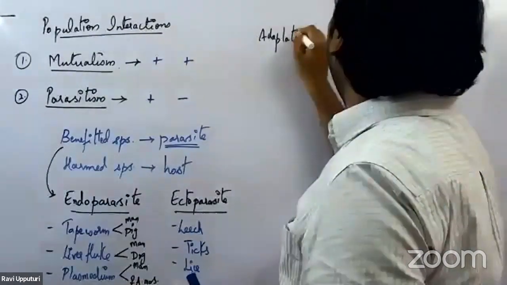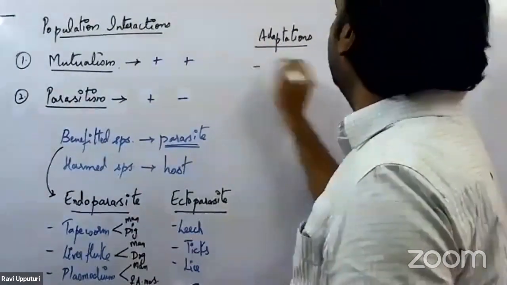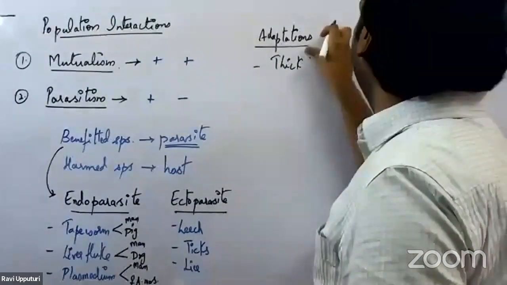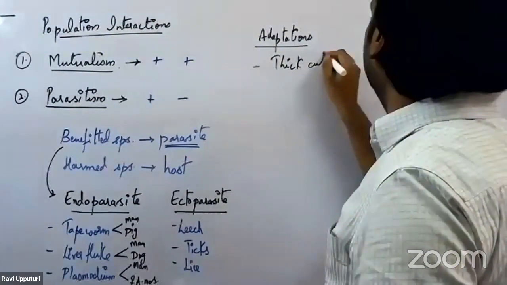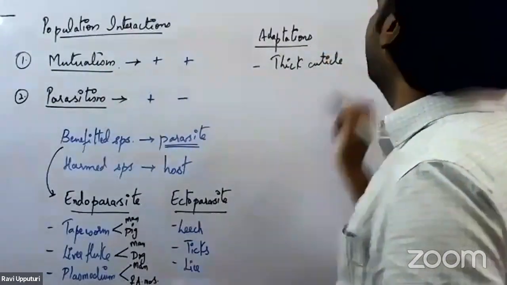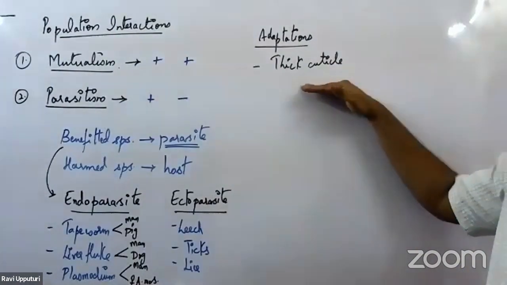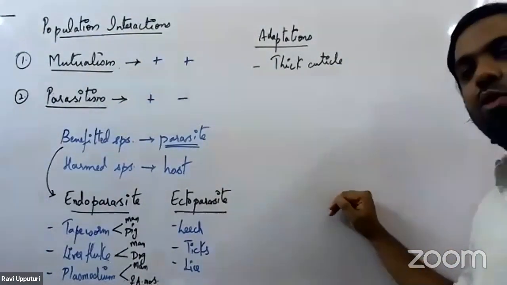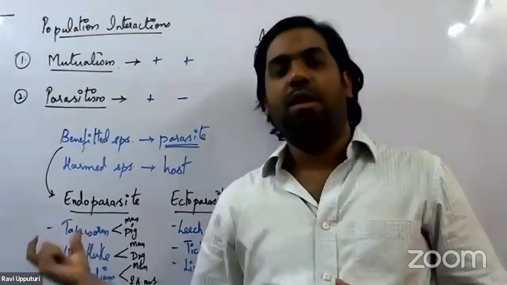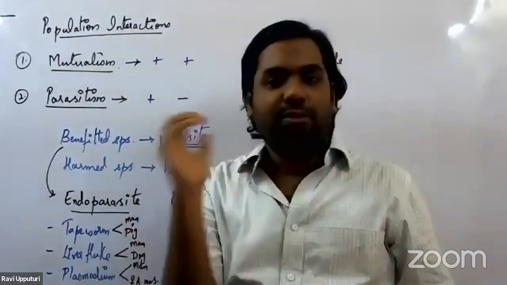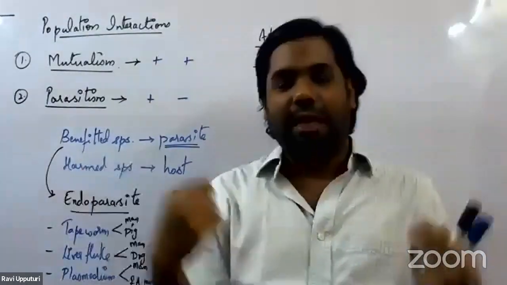So what are the adaptations? The first and foremost adaptation which is shown by them is they have a thick cuticle. Cuticle is nothing but the outermost layer of the body of this organism. Why do they have a thick cuticle? Because the tapeworm usually lives in the digestive tract, mostly the intestine.